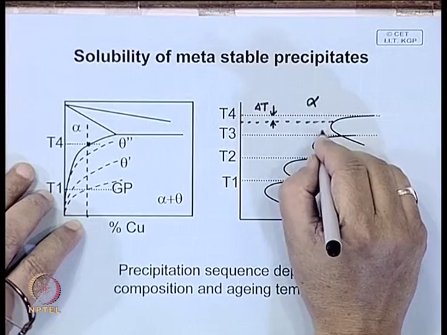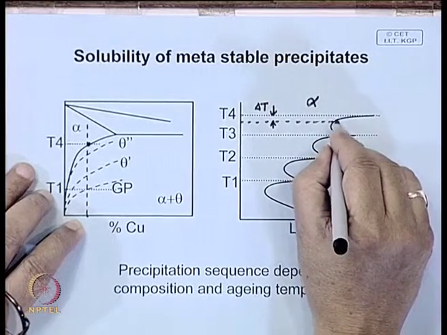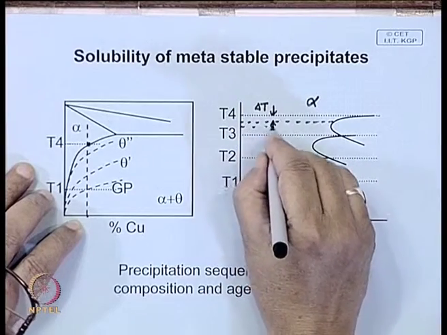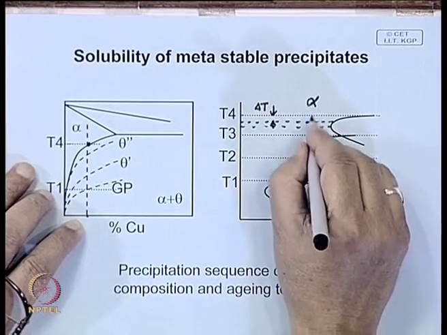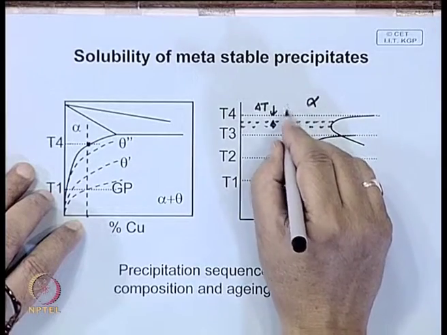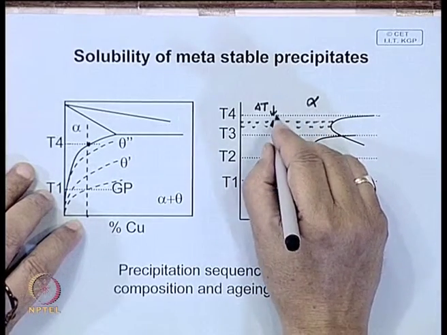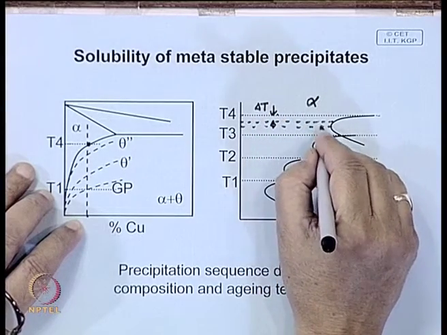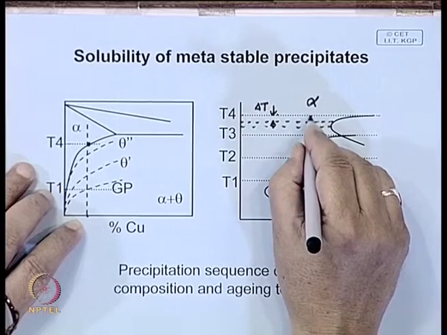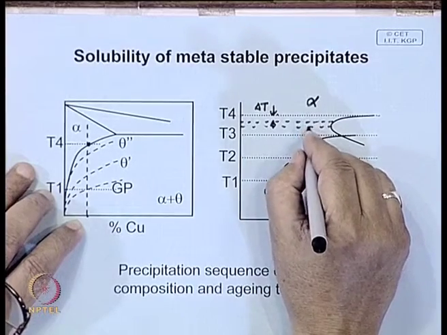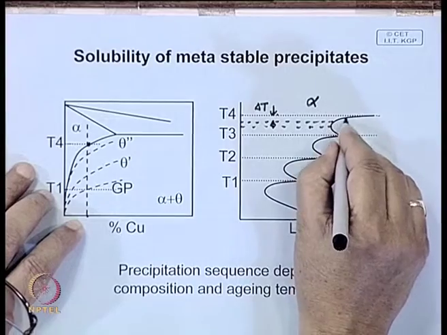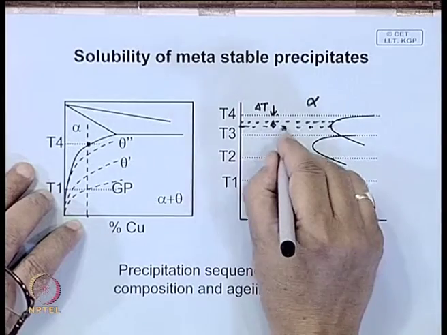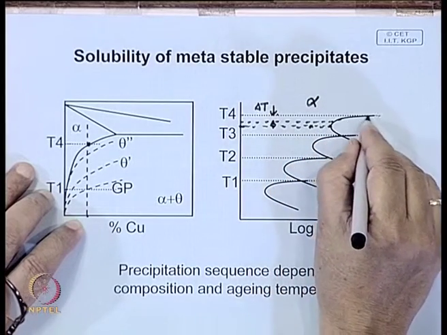So, as you go down, diffusivity decreases and diffusion becomes slower, and there is an optimum condition here. The two things vary in opposite ways: the rate of nucleation is faster the higher the supercooling, and the rate of diffusion becomes slower if the temperature becomes lower.